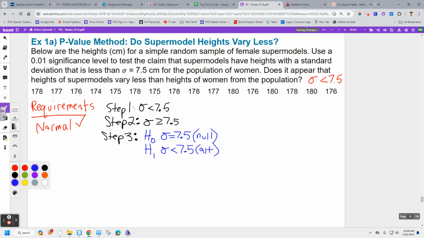This is all the same as what we've been doing. We're just talking about standard deviation this time instead of mean or proportion. Step 4 is the significance level. And they gave that to us somewhere, I think, was 0.01.